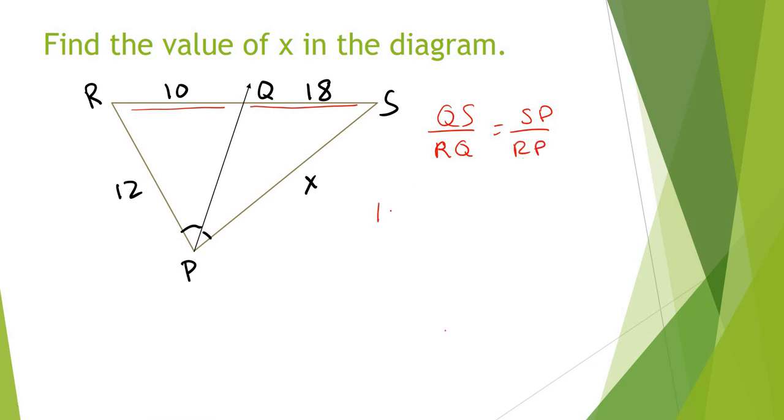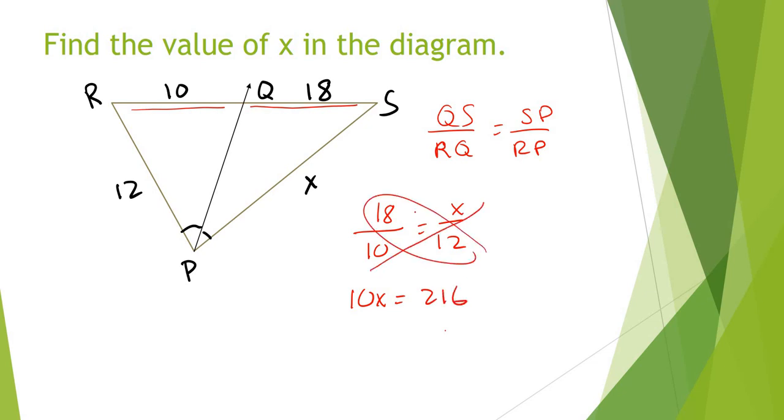So QS, 18 is proportional to 10, as x is proportional to 12. I get 10x equals 216, 18 times 12, 10 times x, so x is 21.6.